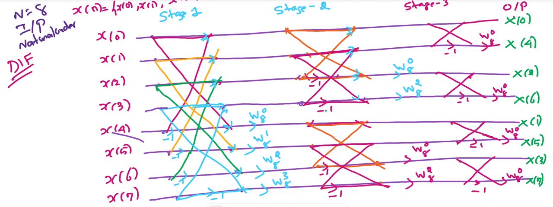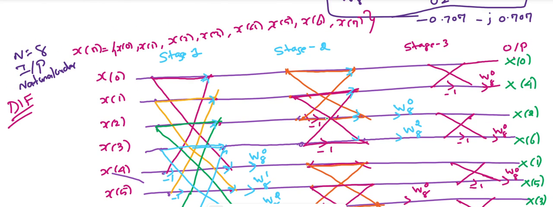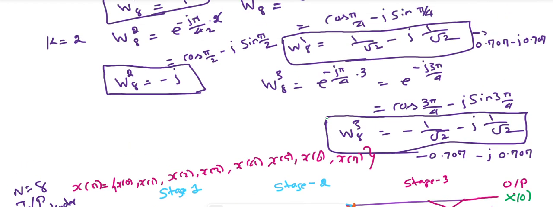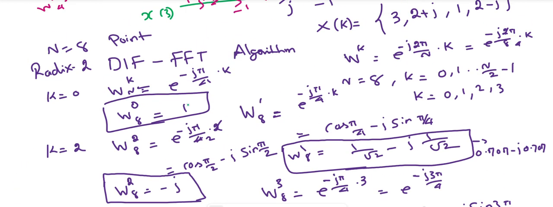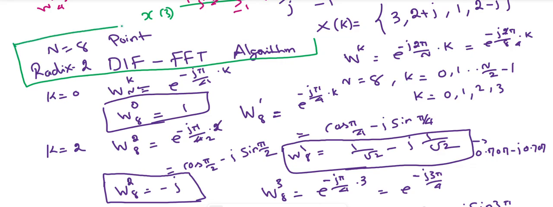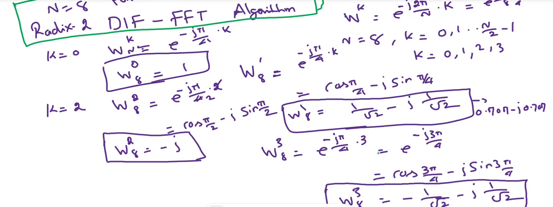Okay, so this is the structure for decimation in frequency. I have written a radix 2, N is equal to 8 point, radix 2 decimation in frequency FFT algorithm.